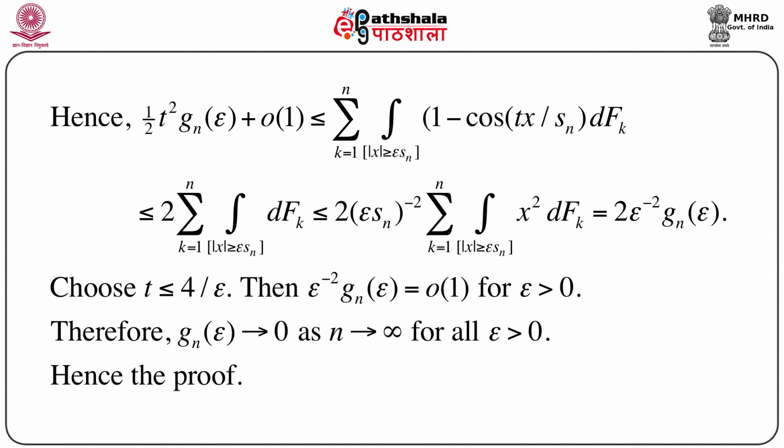Now if we choose t less than equals to 4 by epsilon, then it is clear that epsilon to the power minus 2 into Gn epsilon equals to small o of 1 for every epsilon greater than 0. So it is immediately clear that Gn epsilon goes to 0, because here we have fixed epsilon as n goes to infinity for every epsilon greater than 0.